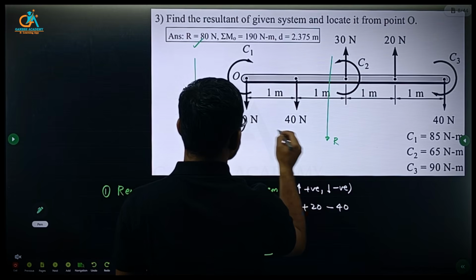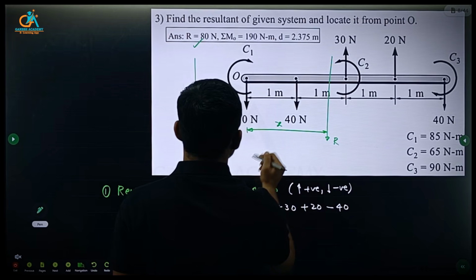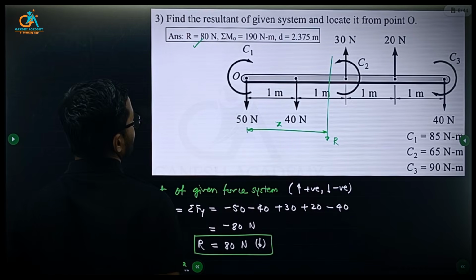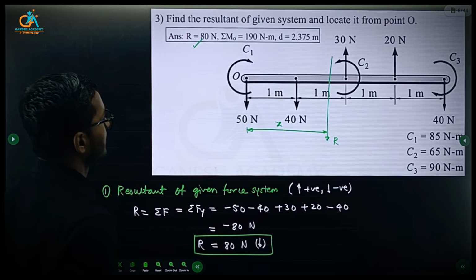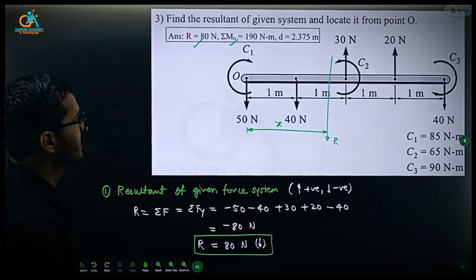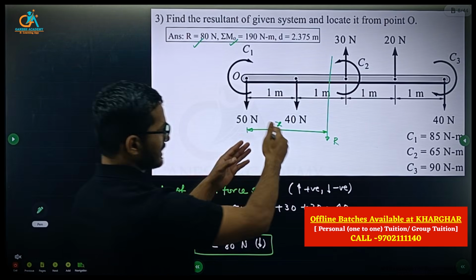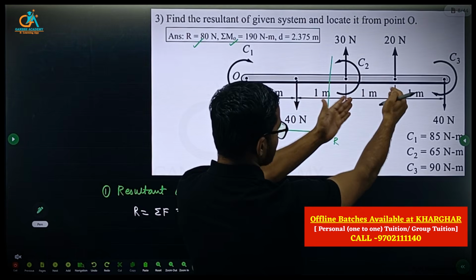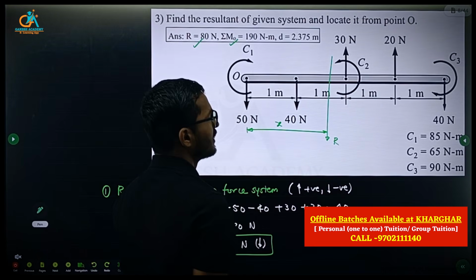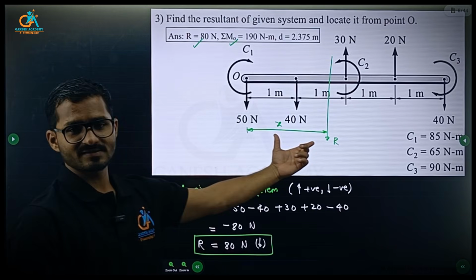Let's say here at distance x. Okay, the moment is also correct, 190. Now the distance x, we are not sure whether it will act in between these or these, so just randomly you can consider any location, let's say x.